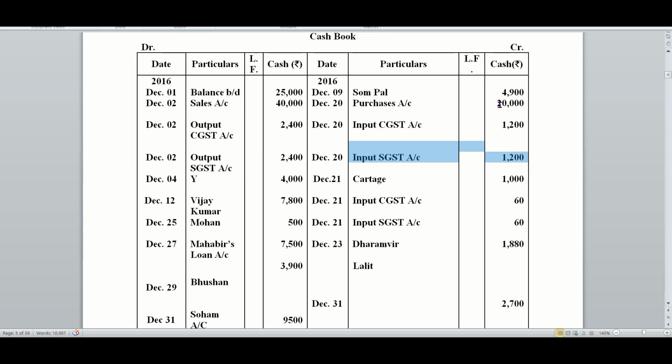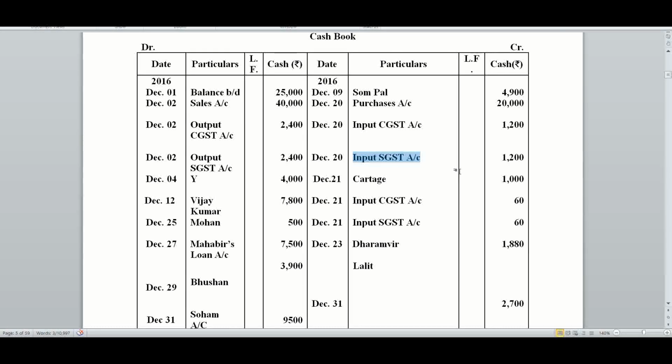Let me again tell you the journal entry: purchase account debit, input CGST debit 1200, input SGST debit 1200 to cash account. So cash account is credited, therefore on the credit side we write purchase, input CGST, input SGST, right? Then this is on December 20th.